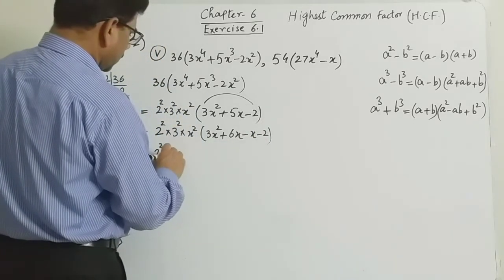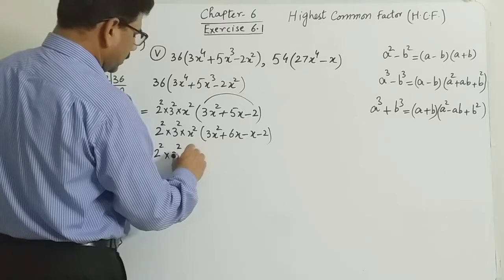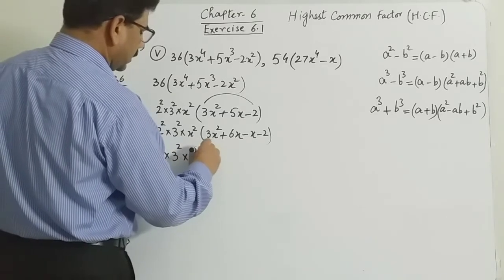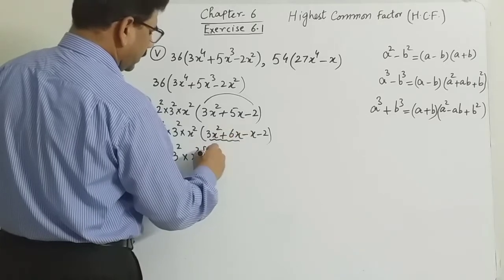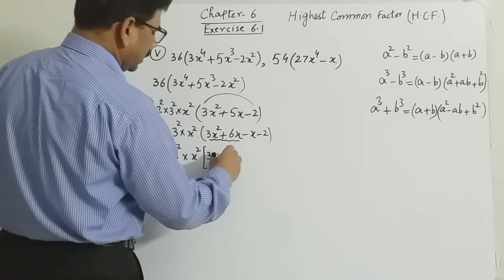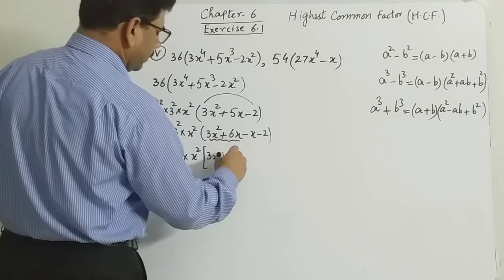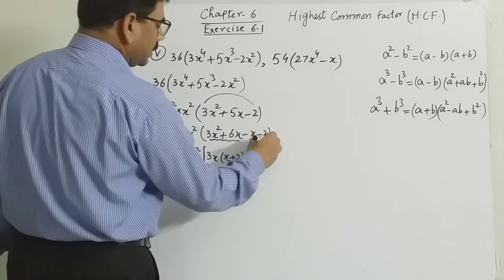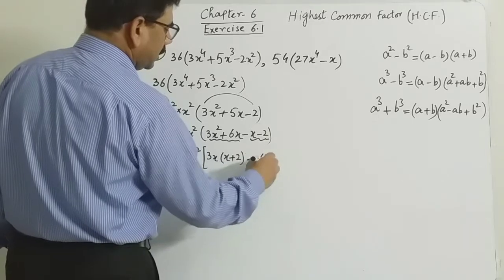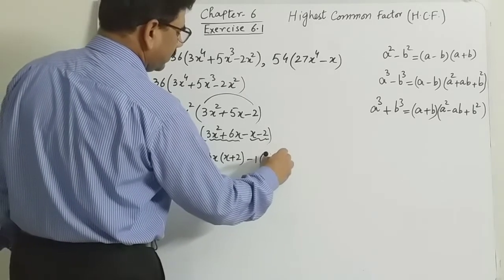2 square multiplied by 3 square multiplied by x square, and from the first two terms we have 3x common, and inside the bracket the remaining expression will be x plus 2. From here negative 1 is common, and inside the bracket we'll have x plus 2.